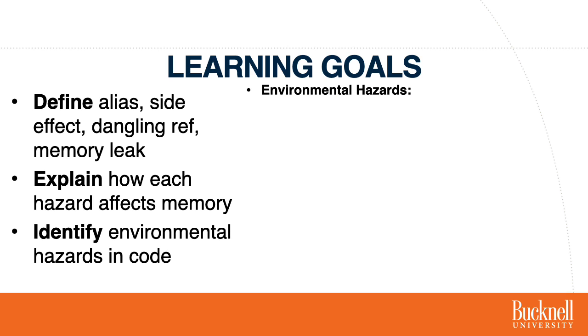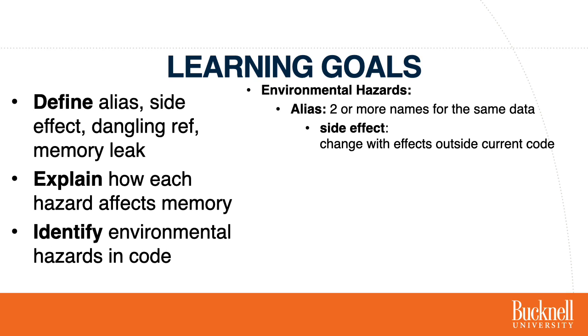So, environmental hazards. An alias is when you have two or more names for the same data. A side effect is a change with effects outside of the current code. Aliases are only really a problem when there are unintended side effects. A dangling reference is a reference to unallocated memory. Dangling references aren't in themselves errors.